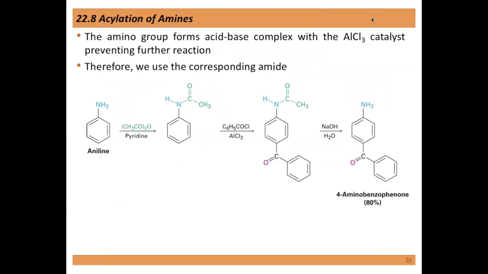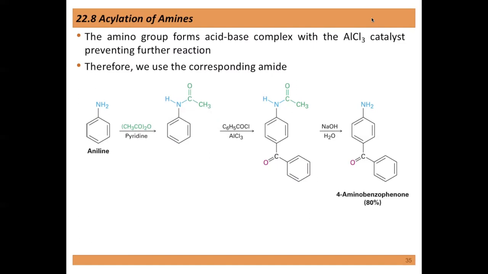So here is just another example where we're trying to do a Friedel-Crafts acylation. We're trying to make this molecule at the end. We're trying to add this group. And again, I wouldn't be able to add that group directly with a free amine. So what I need to do is to protect the amine.